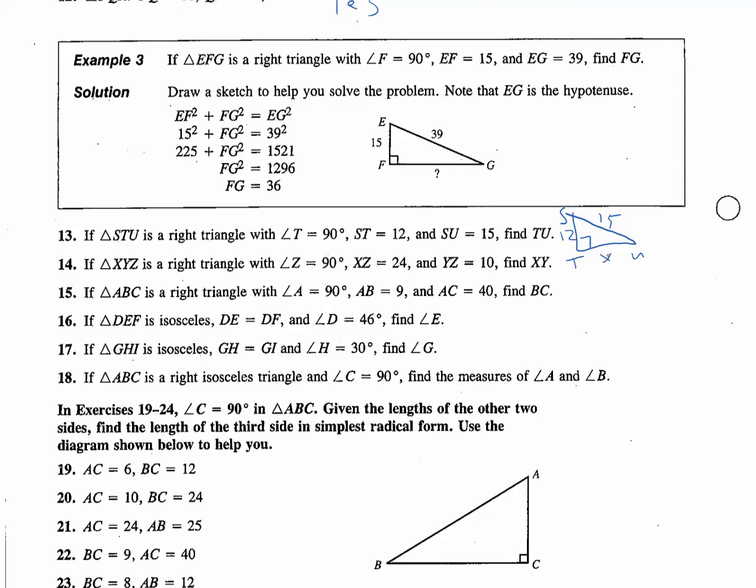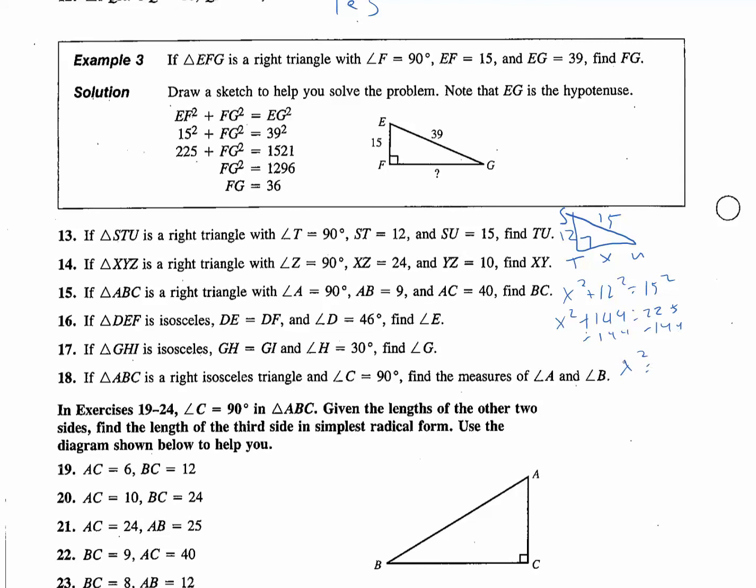Well, since it's a right triangle, I know I can use the Pythagorean Theorem. So I can say X squared plus 12 squared is equal to 15 squared. So when I go ahead and solve that, I have X squared plus 144 is equal to 225. I need to subtract 144 from each side.